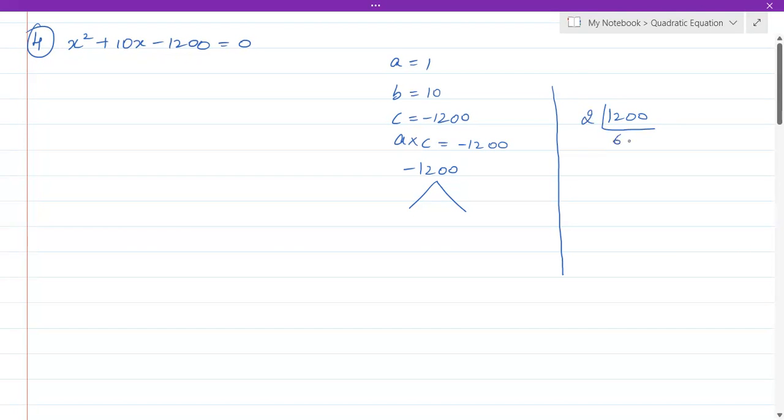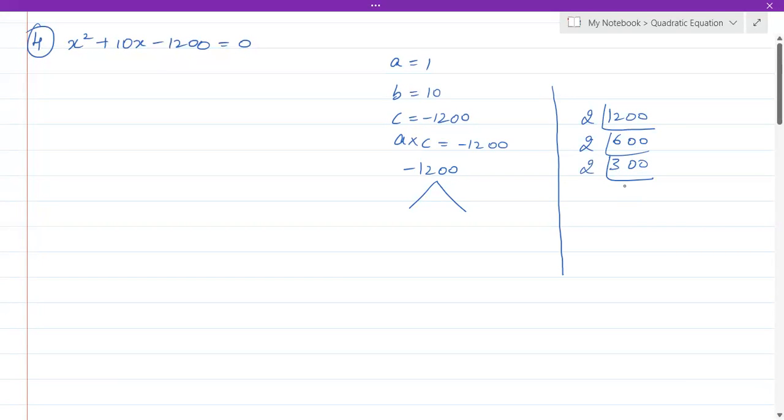So let me divide it by 2, 2 into 600. 2 sixes are 12, 2 zeros are 0, 2 zeros are 0. Again by 2, 2 threes are 6, 2 zeros are 0, 2 zeros are 0. If you have not understood the prime factorization, you can watch the real numbers video which is available, where we have explained prime factorization in detail, so you can look into that.